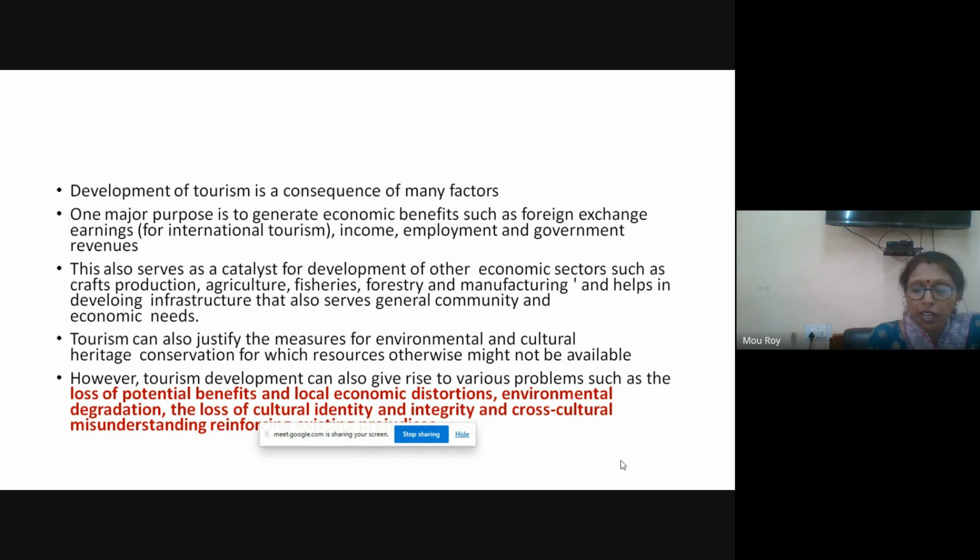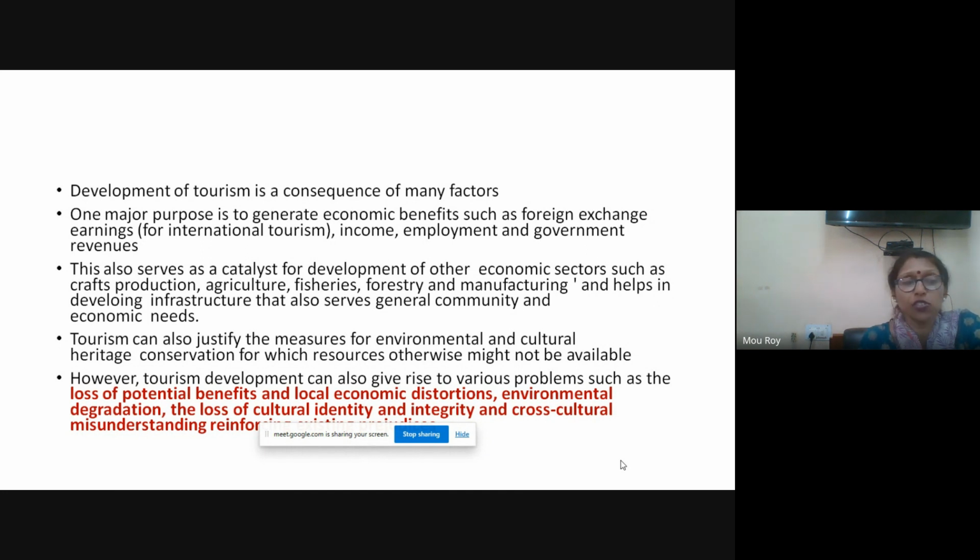Suppose a destination can maximum accommodate 100 tourists. But if on a weekend, maybe on Saturday or Sunday, you'll find 1000 tourists. So what happened? You will find scarcity of water, you will find scarcity of resources, it will be overcrowded.